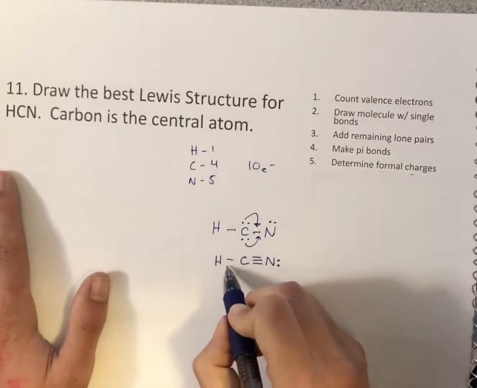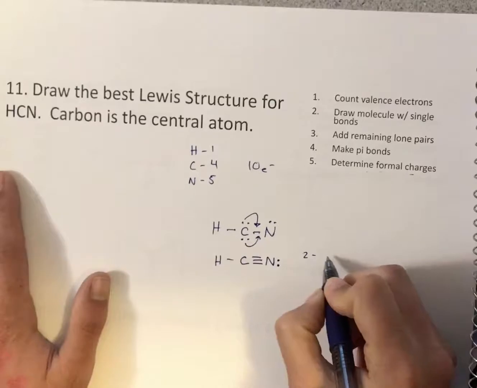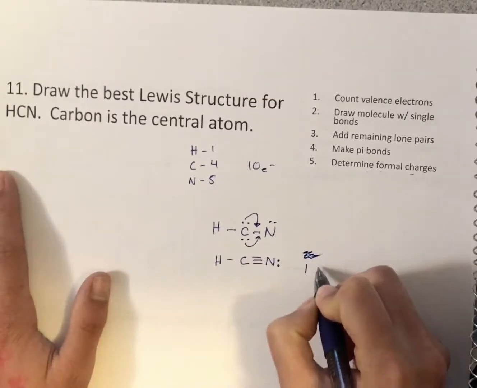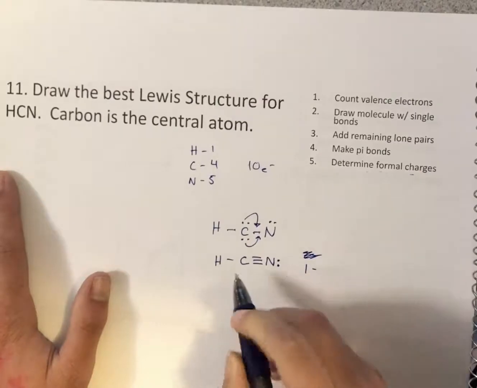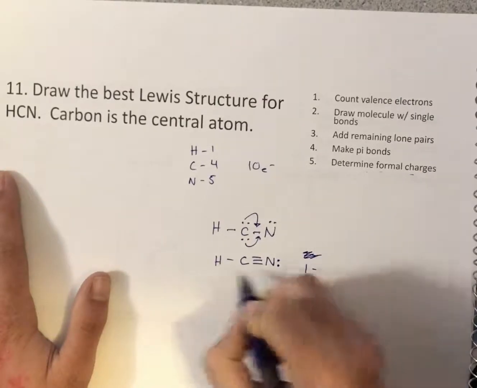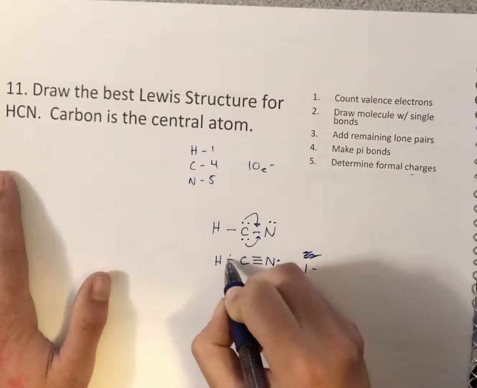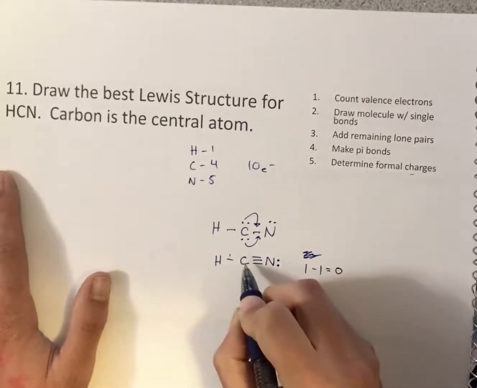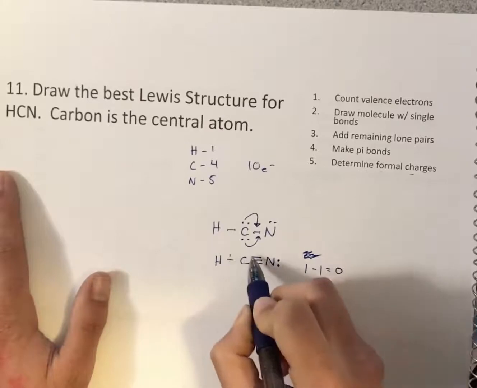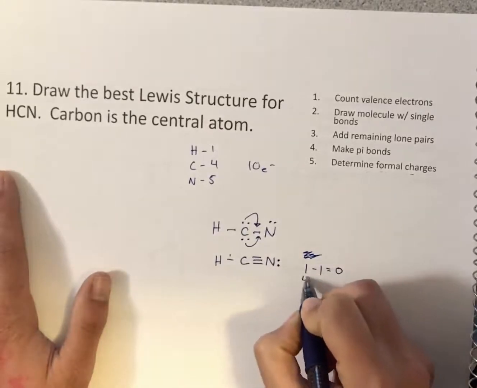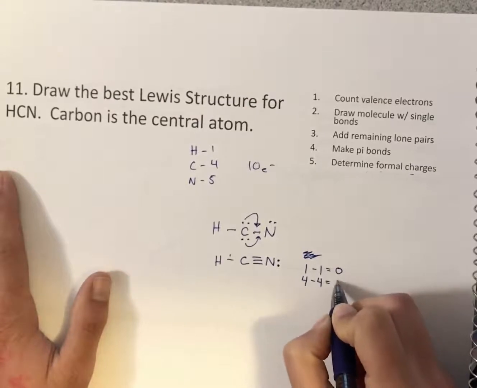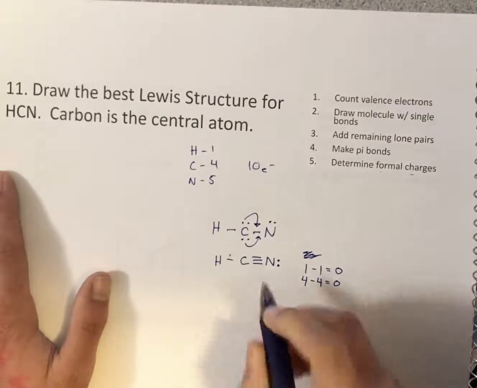So hydrogen has 1, and then it only has 1 electron with it from this side of the bond. So that one's happy. Carbon, we count 1 for each bond, and it has 4 valence minus 4 electrons is 0.